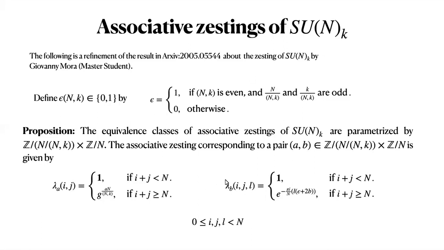And here this is the three-cochain, and this is where this epsilon appears. It will change a little bit depending on whether this condition holds or not. And here by I, J, and L, I mean numbers between 0 and less than N. So they are very, very concrete.